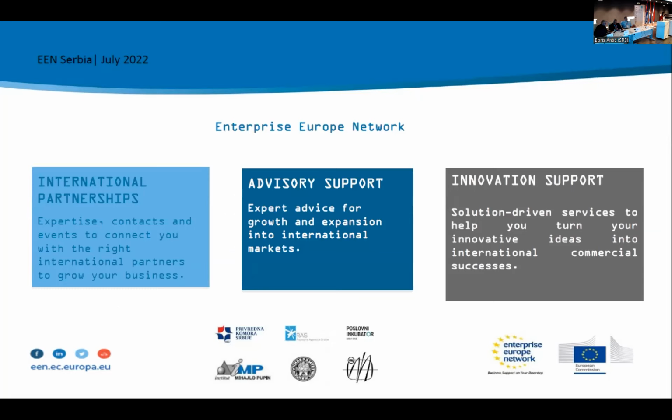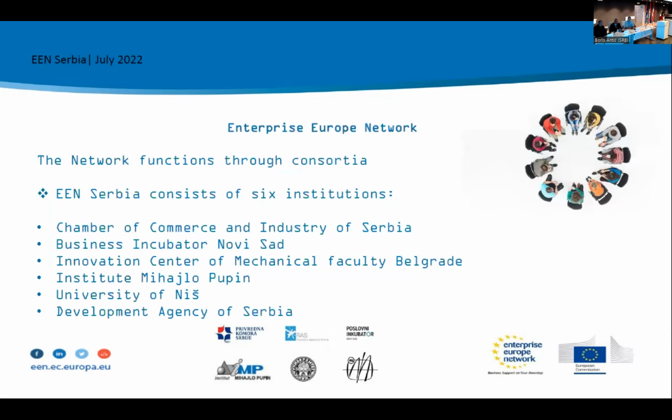Advisory support means that we give advice for growth and expansion into international markets, also regarding some EU laws and legislation. Innovation support will help your innovative ideas come into international commercial success. And our colleague Vesna Rašković Depalov will talk a little bit more about this kind of support that we offer through the EEN Network Serbia.